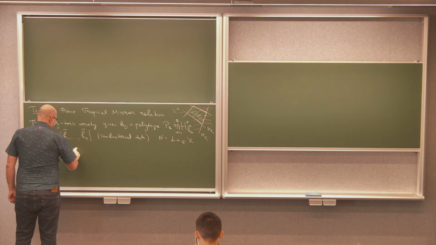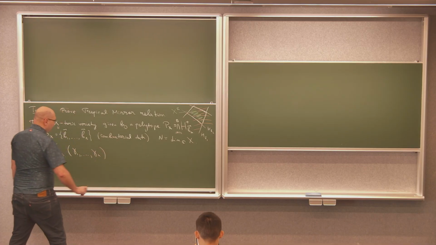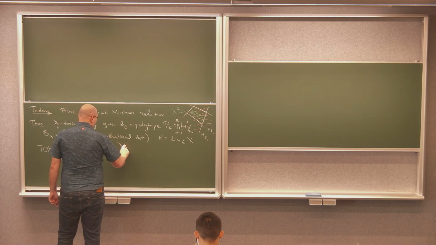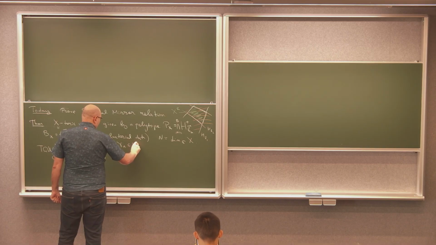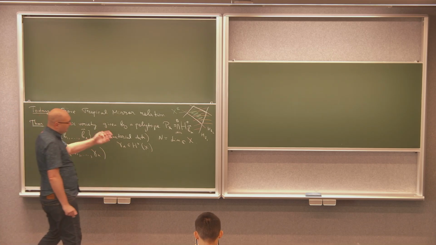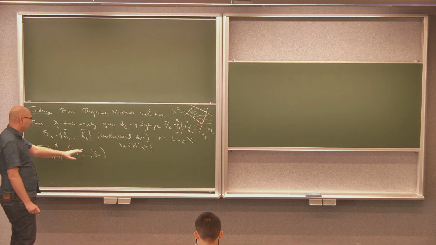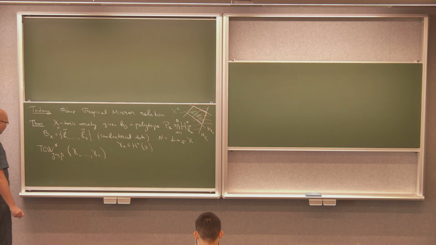And here, as labels, we have some collection of cycles, gamma_1 to gamma_n. The gamma_alpha are representatives for some cohomology classes, and this tropical Gromov-Witten invariant only depends on the cohomology classes of these gamma_alpha.